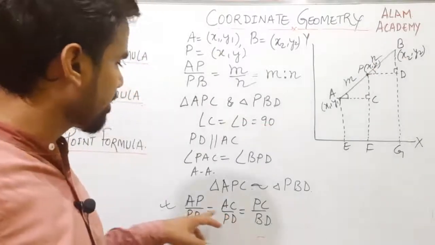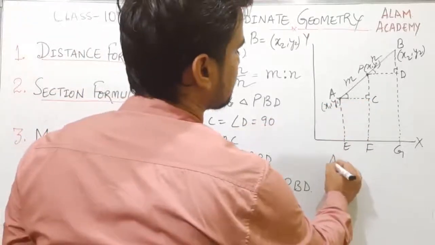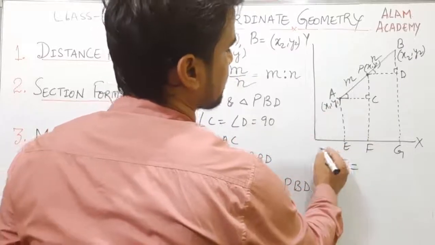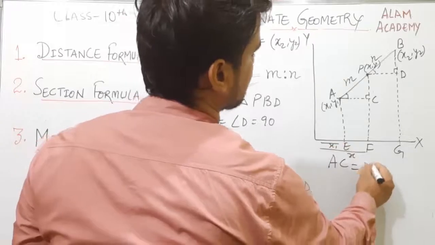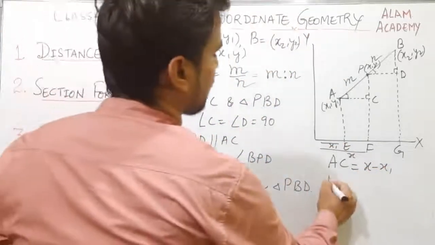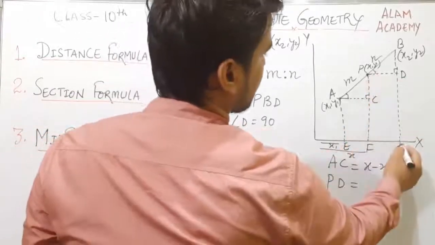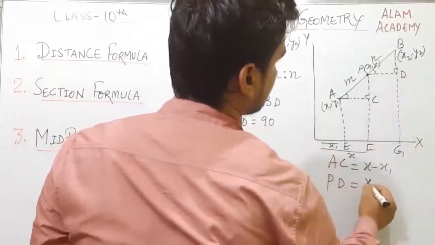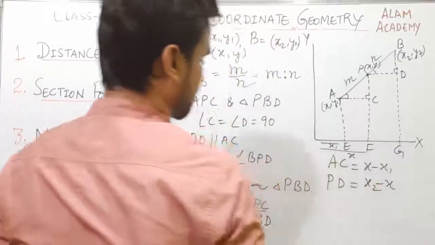Here AC will be equal to x minus x1, because the entire value is x and this value is x1. PD will be equal to the complete value x2 minus this value x, so x2 minus x.